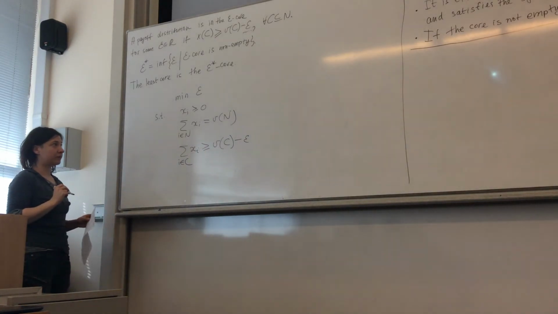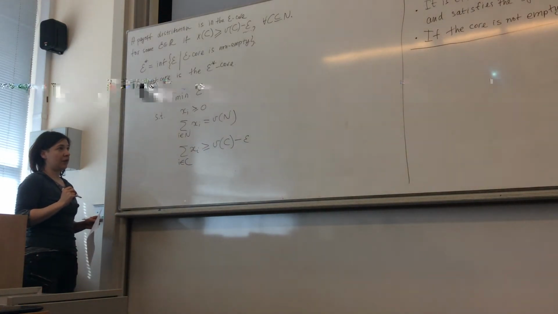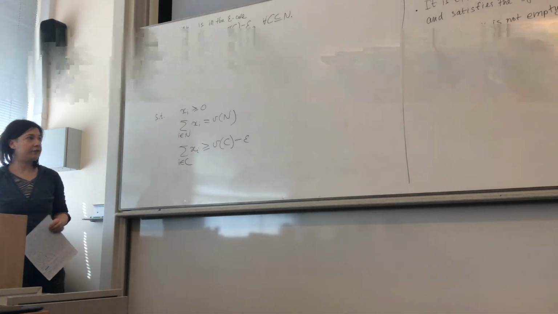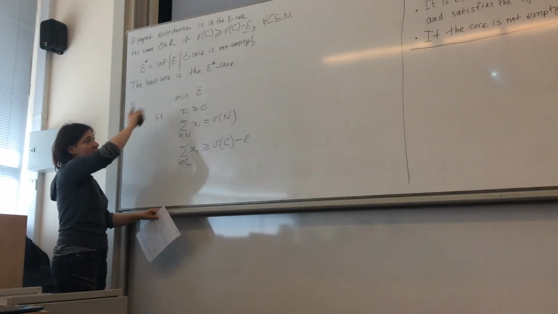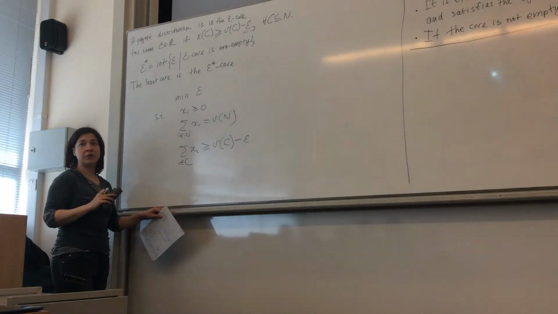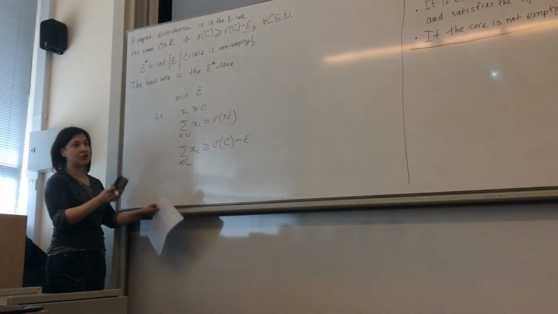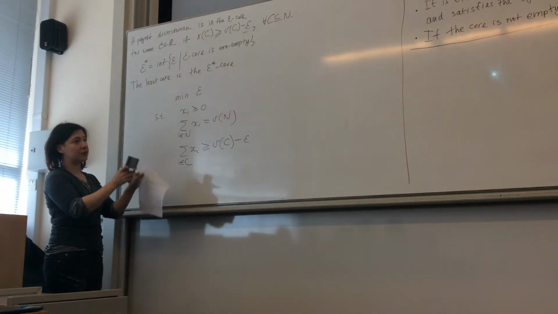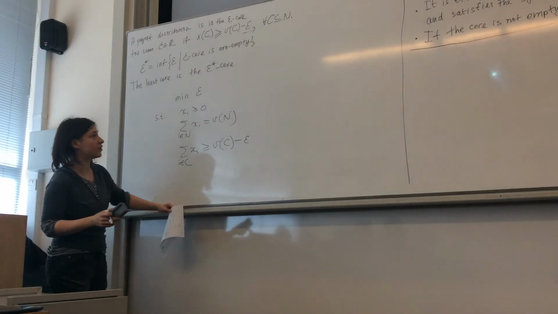That's for the least core. Now for the nucleolus, we will have to solve a similar program, but recursively: for the largest possible excess, but then the second largest, and so on.